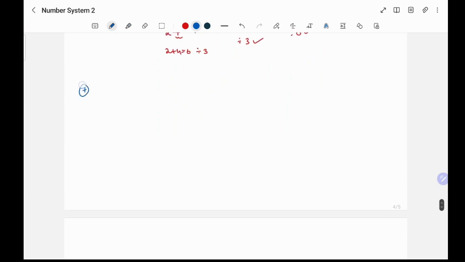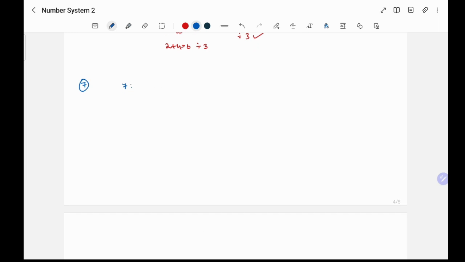Next for number 7, let's see. 7 is a little involved. So for this I'll first state the divisibility rule, then I'll give you the proof. I'll illustrate with an example. Let's take 147.